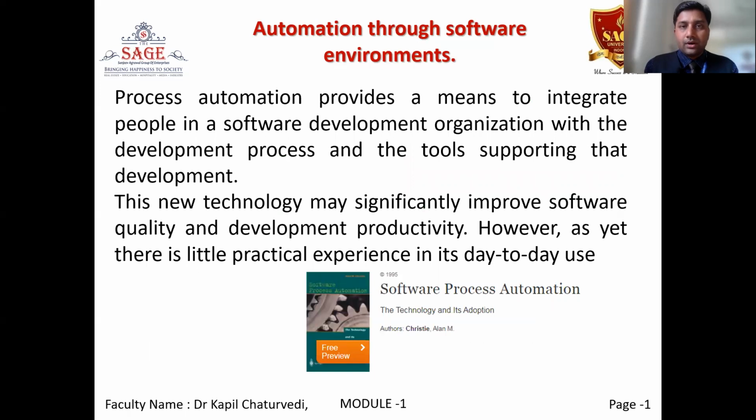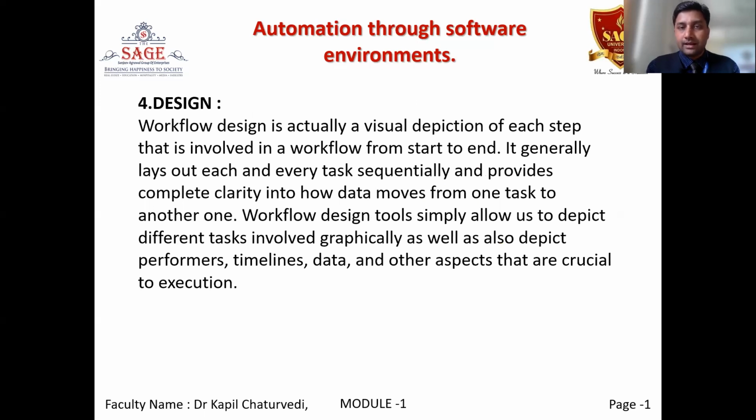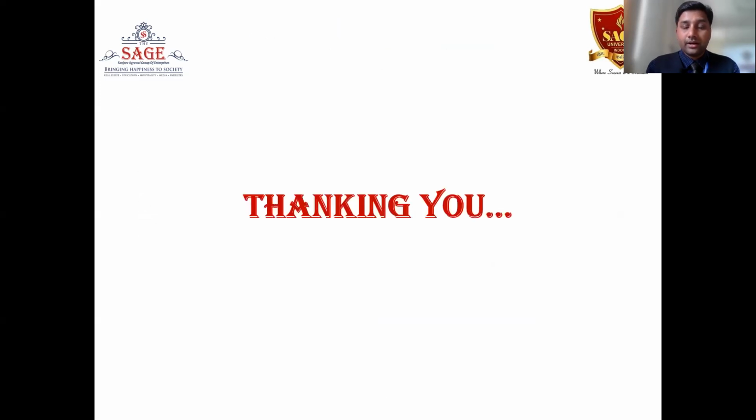So this is automation through software environment, because as we said in the last lecture, and I'm saying again, now each and every process is automated. Each and every process we want to be automated. Artificial intelligence logics are used, machine learning logics are used.